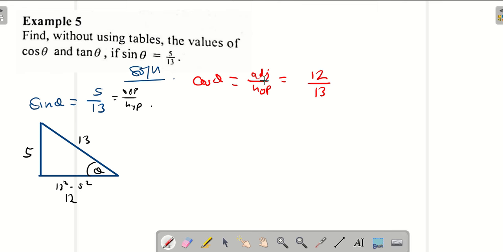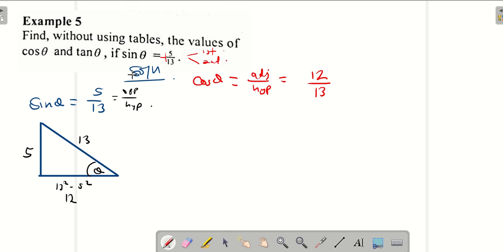We have gotten cos theta to be 12 over 13, but they didn't specify whether theta is in the first quadrant or the second quadrant, so what do we do? They gave us that sin theta is equal to 5 on 13. If sin theta is 5 on 13, it means that sin theta is positive. So where is sin positive? Sin is positive in either the first quadrant or the second quadrant.